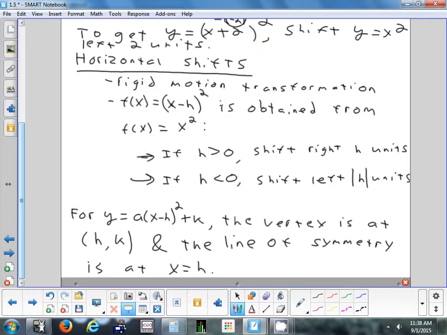Since the line of symmetry is vertical, x equals is a vertical line, shifting up and down has nothing to do with the line of symmetry. It's only when you shift left or right that changes the line of symmetry. So any questions on how the vertex or line of symmetry move when you transform a parabola?